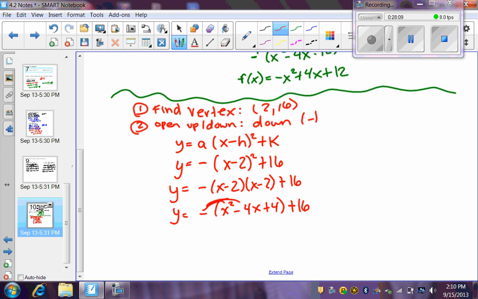Distribute the negative, so that gives me negative x squared plus 4x minus 4, and then you have your plus 16. Collect like terms so that you had y equals negative x squared plus 4x plus 12. And again, you would check to make sure that that is your y-intercept. If it wasn't, then you could multiply everything by something so that the c value came out to be the same.